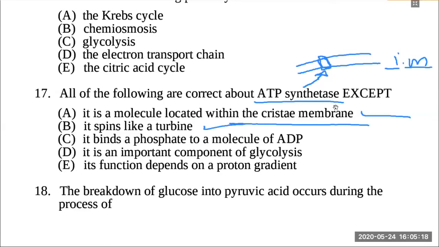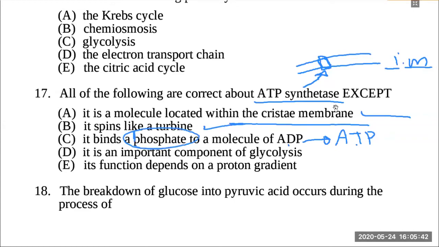It binds a phosphate to a molecule of ADP. We have ADP, so it will bind the phosphate to ADP to make ATP. So diphosphate becomes triphosphate because one phosphate has been added.